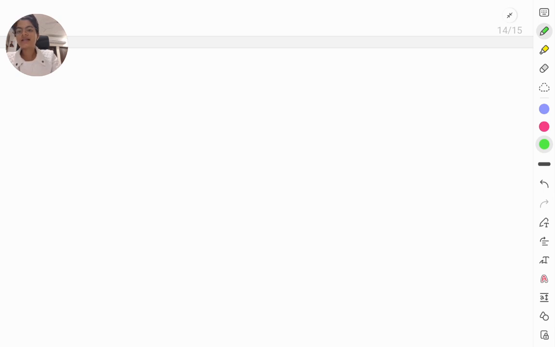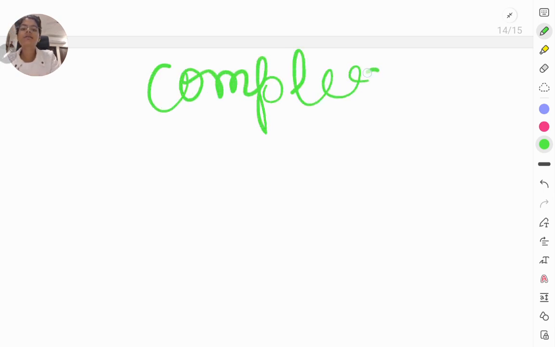Now, as I said, complex carbohydrate is having a low glycemic index, so there would be slow digestion of the complex carbohydrate.